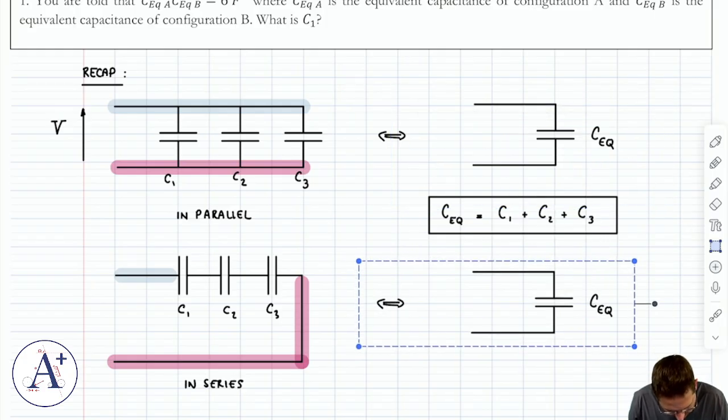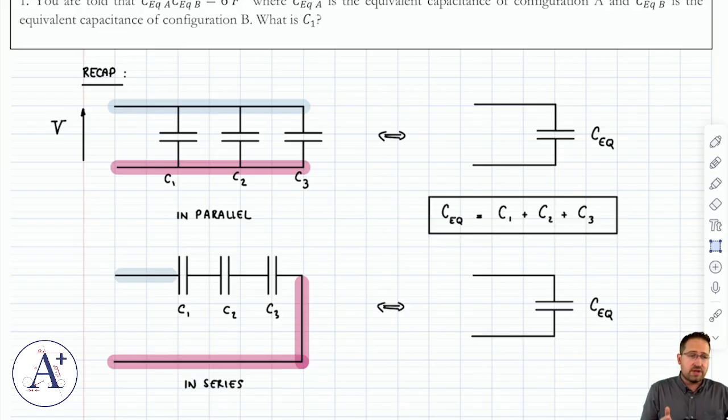Now if they're in series, they're not going to share the same voltage, but they are going to share the same current. In fact, they're also going to share the same charge. Now, current doesn't mean much for us yet. Wait till next week. But capacitors in series will carry the same amount of charge.